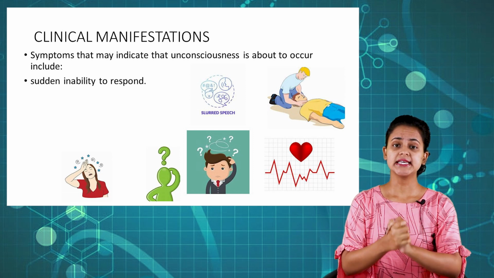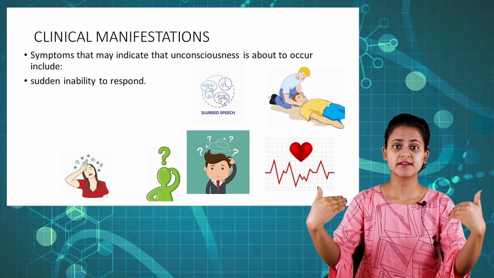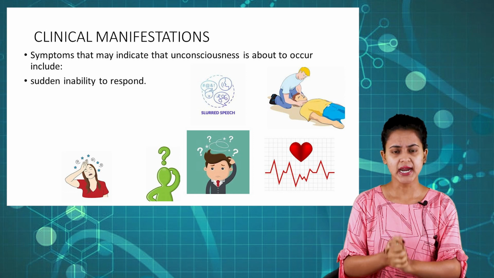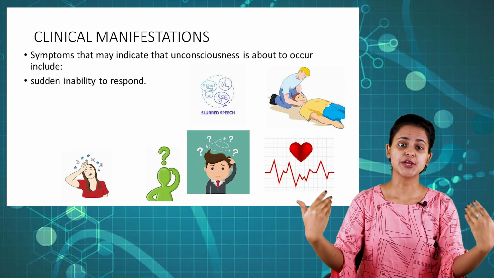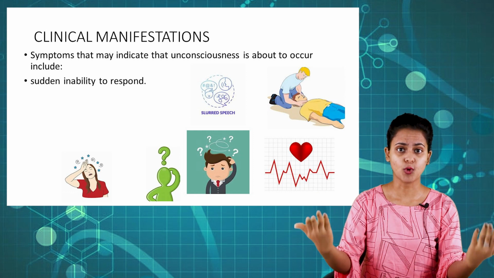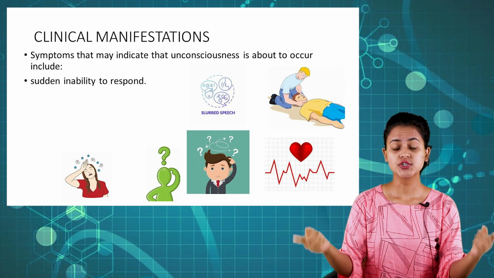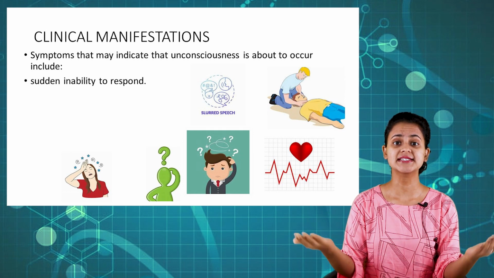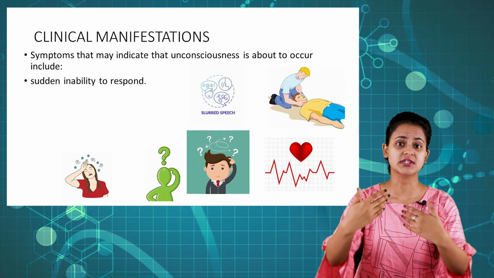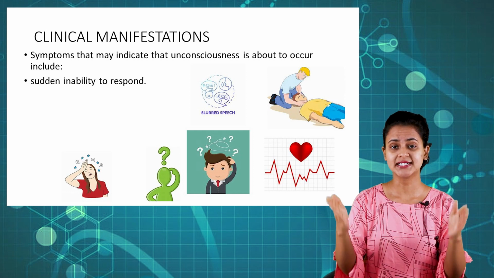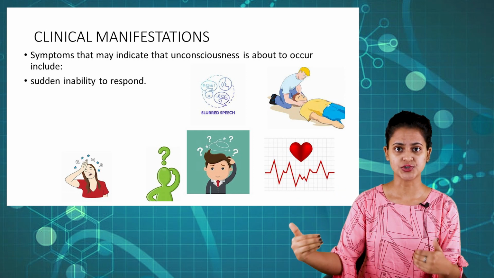Here the client will suddenly not be able to respond, or there will be an inability to respond towards external stimuli. That is the first indication the client, the caregiver or the surrounding people can identify that the client is in an unconscious state.